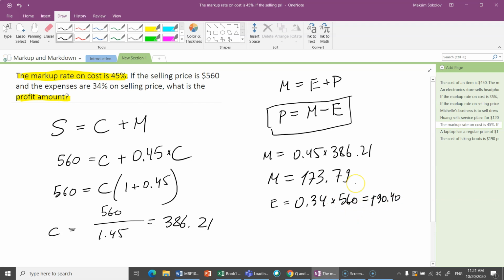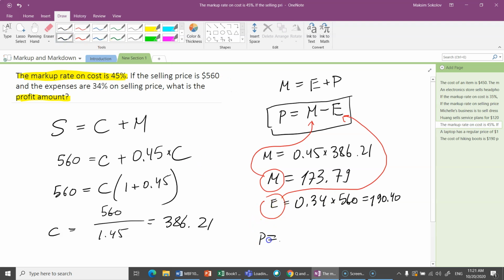So that is our expense. What we'll be doing now, we'll be using this markup amount and expense amount, and we'll be plugging these into the formula for profit.